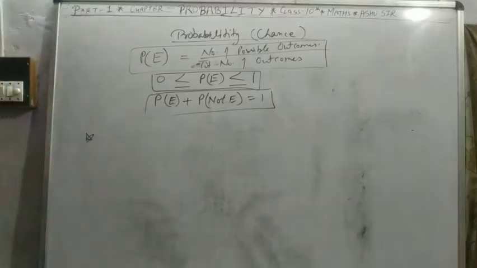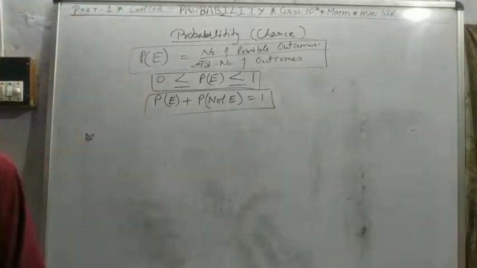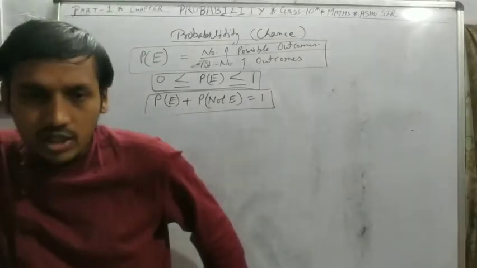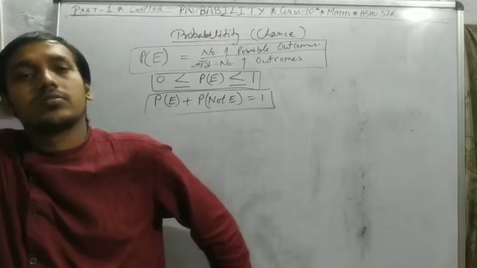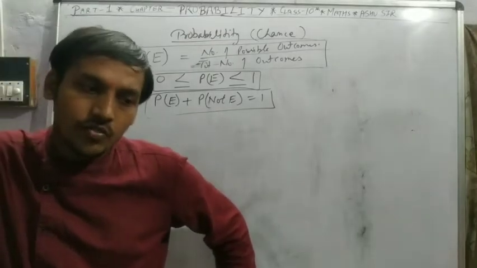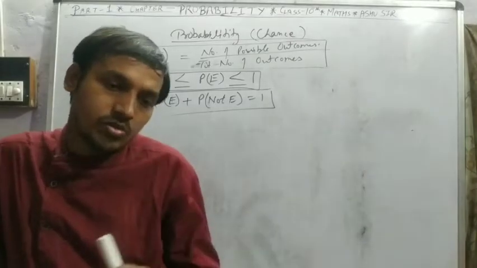If I say, what is a random experiment? Random experiment means when we do anything and the outcome is not fixed. It's not pre-decided that when we do this, the outcome is always this.